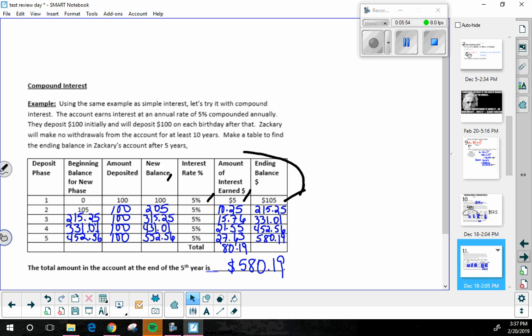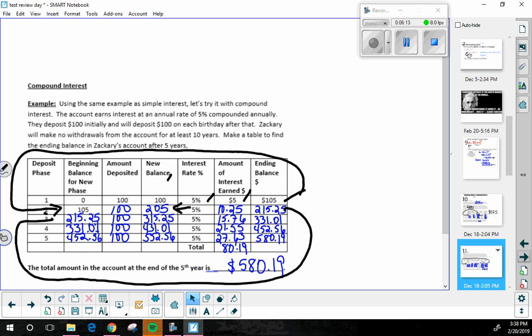So that $105 comes back around right here. Then you're adding your 100. Now you're up to 205. You find 5% of the 205, put that amount here and add it back in for this amount, and yes, that's right, that amount comes right around there, and then you just repeat the process for however many years it tells you to. The answer you get is the total amount in the account.